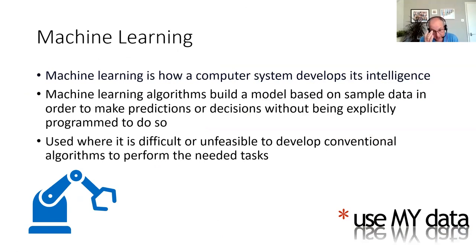So I mentioned machine learning. This is how the computer system develops its intelligence. So rather than the Turing test just mimicking human behavior, this is generating its own particular behaviors based on what it learns. It's a completely different science from traditional ways of working. So the machine learning algorithms, there's that word algorithm, we'll come back to that in a second, build a model based on all this data that's out there, and they use that model to make predictions or decisions. But nobody's actually programmed the computer to do that.